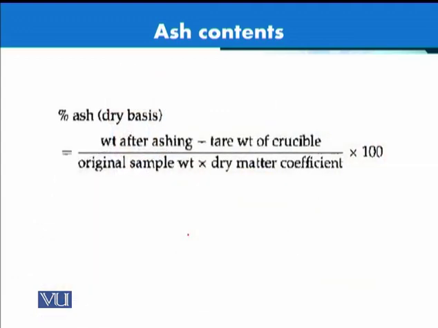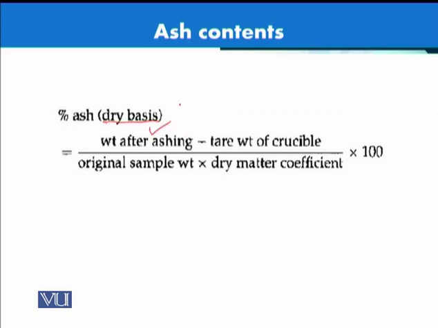This is the formula for measuring the ash on dry basis. As I said, ash can be measured on dry basis as well as on wet basis. This formula is basically the dry basis percentage ash.